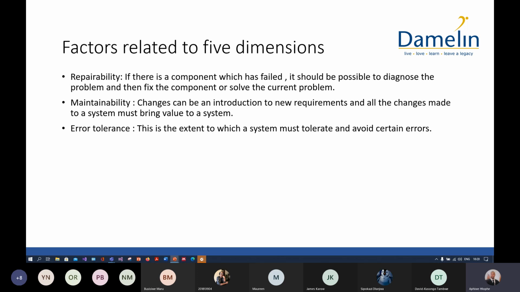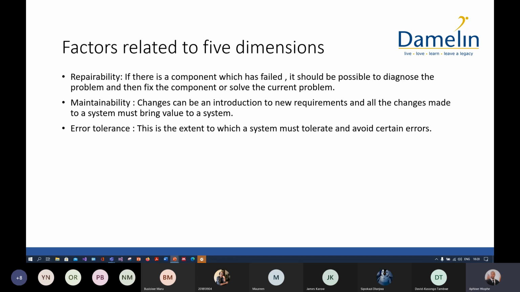So we also look at the aspect of repairability and how fast issues can be repaired. We can all agree that repairability affects availability, because when we have downtime, we want the issue to be solved immediately for mission critical systems.